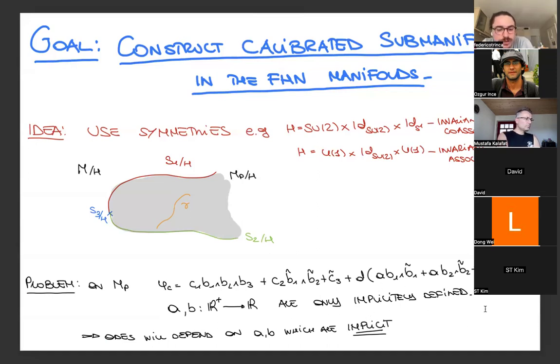They are solutions of some ODE. So if I want to solve such a problem, I would have to solve an ODE problem with coefficients depending on A and B, which are implicitly defined. This is, of course, essentially an impossible task to do, and so we need to find a way around this problem.